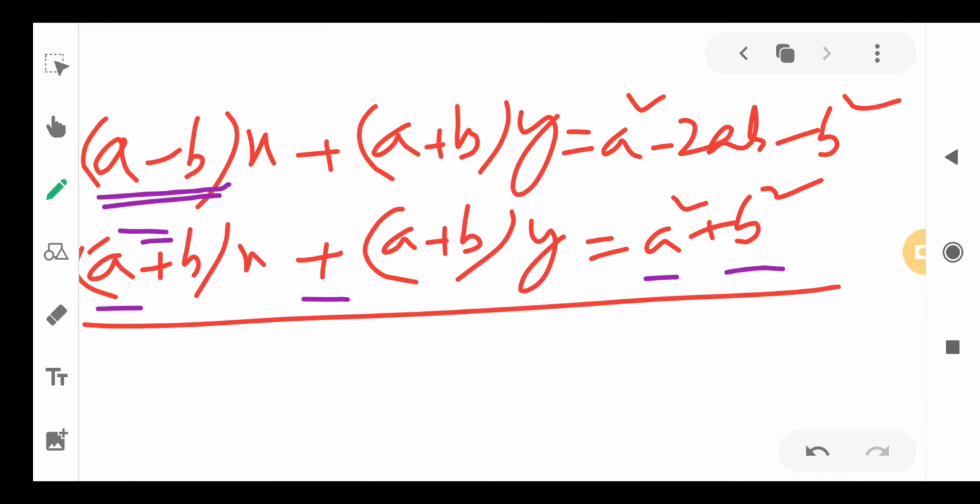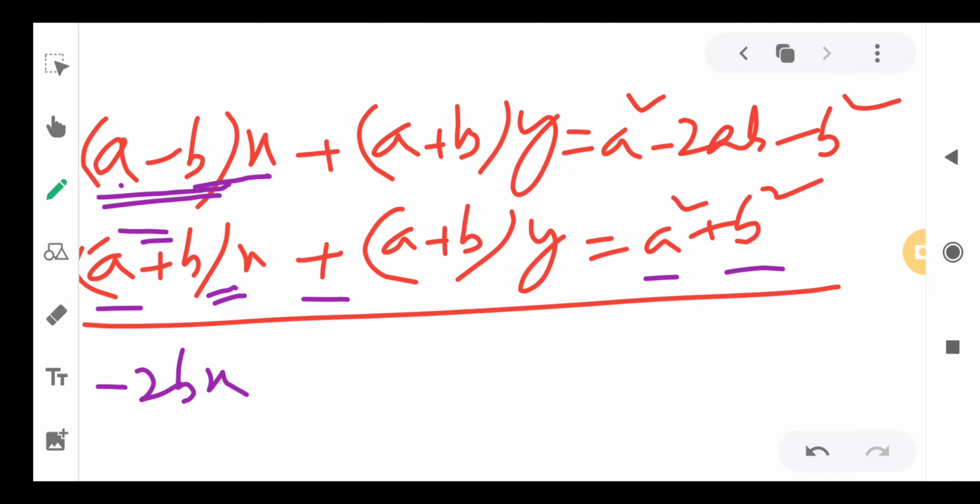Minus bx and minus bx remain, so it is minus 2bx.